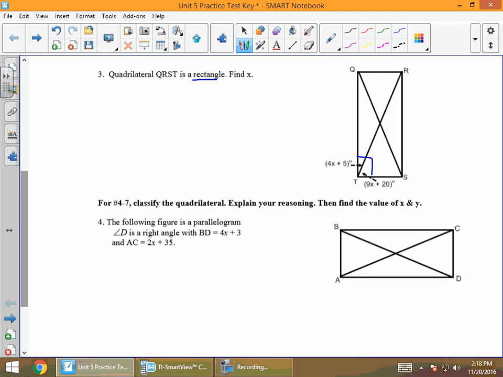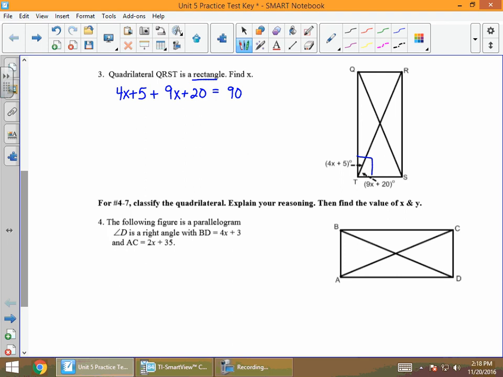So I'm going to take both angles, that little piece, 4x plus 5, and the other piece, 9x plus 20. If I add those 2 things together, it has to equal 90 degrees. And again, it has to be 90 degrees because it's a rectangle, and those corners are all 90.